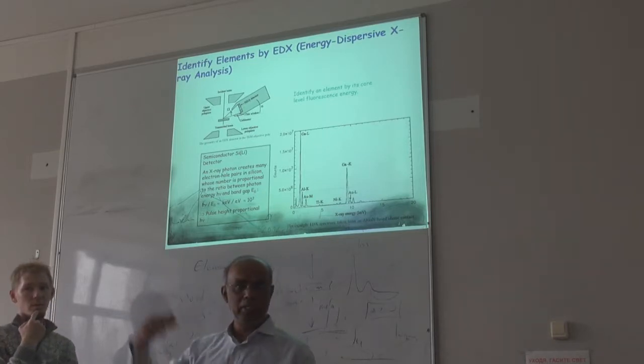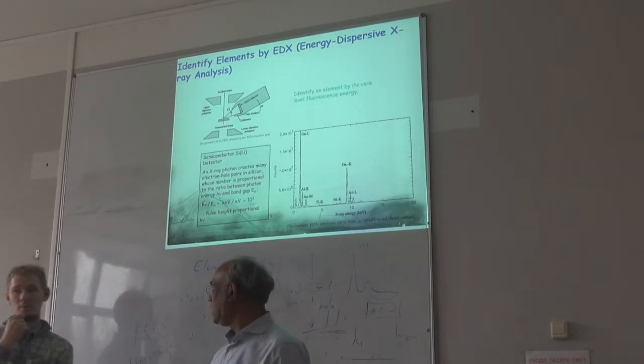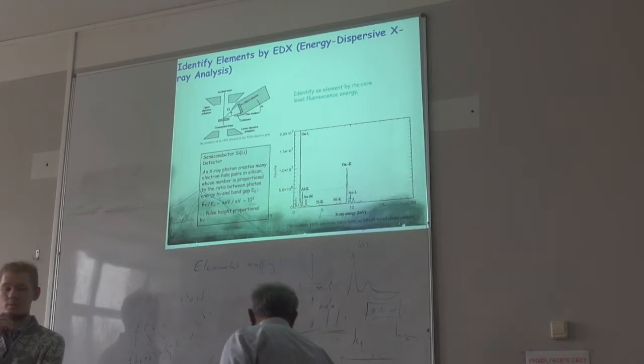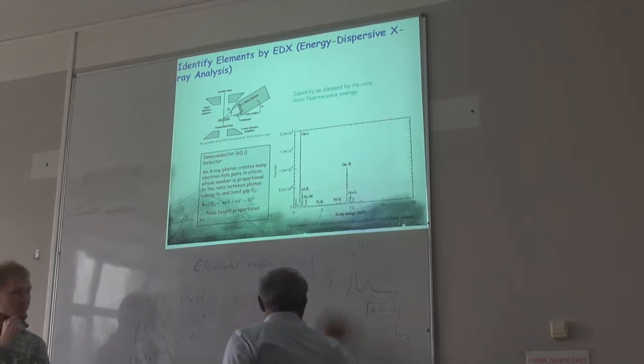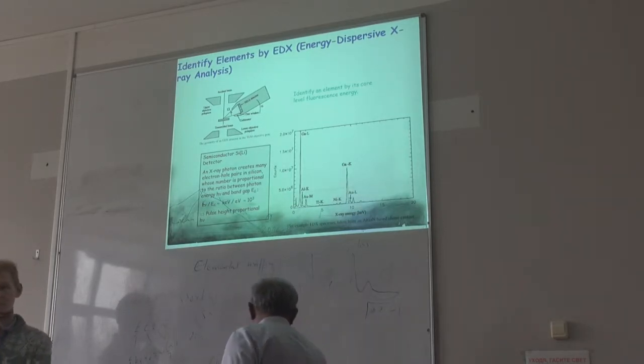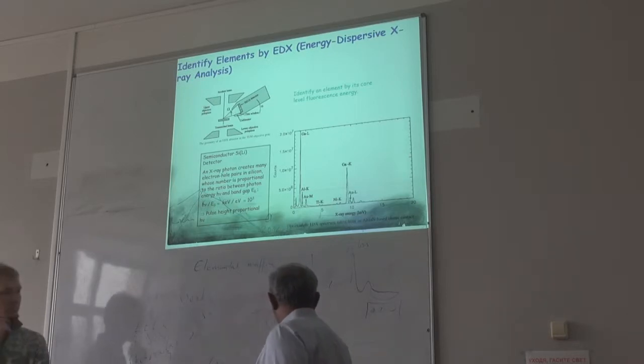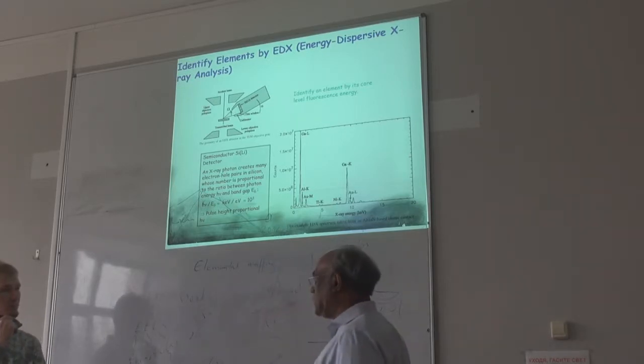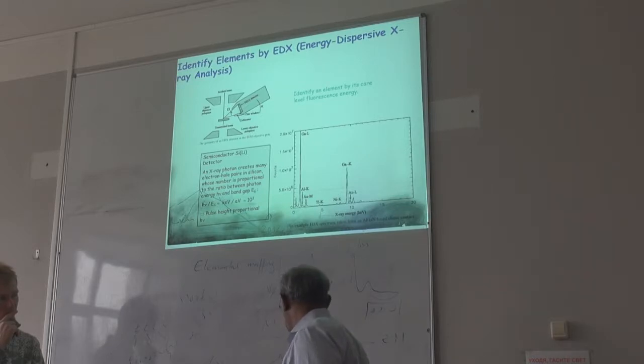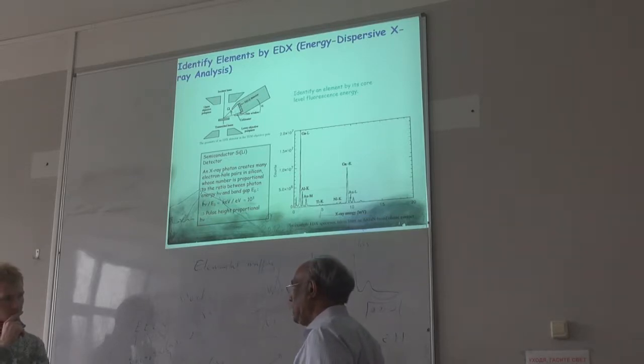People are familiar with energy dispersive spectroscopy. Energy dispersion is basically that you have two energies, we call them discriminators. You have the energy high, energy low. If you have some energy higher than this one and less than this one, we don't count it.